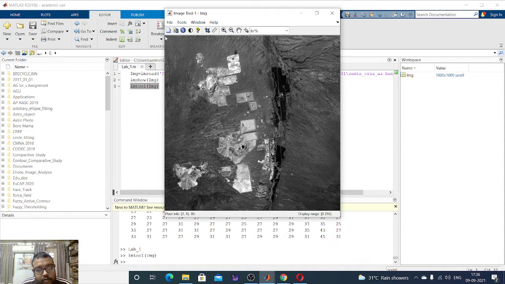See, the corner position starts from 1 1, right?